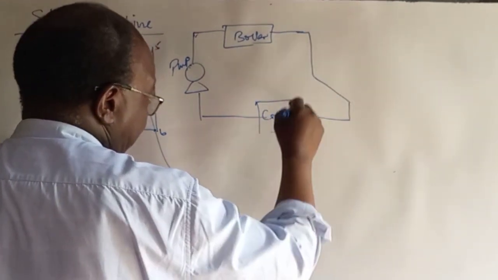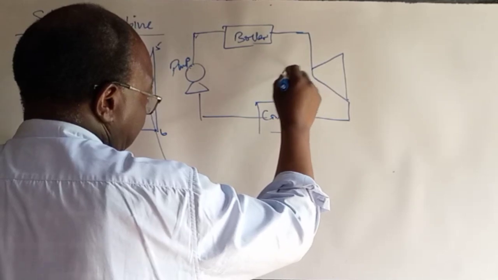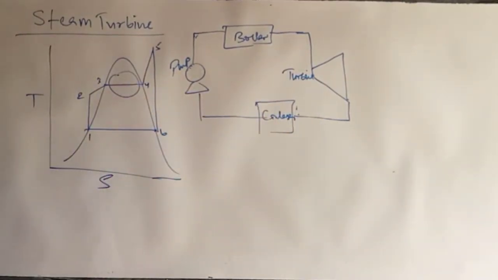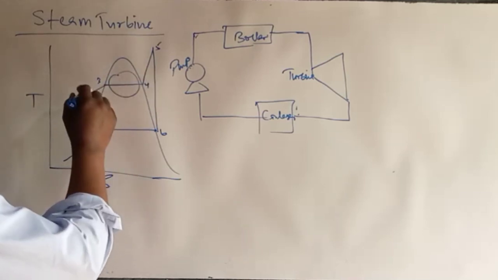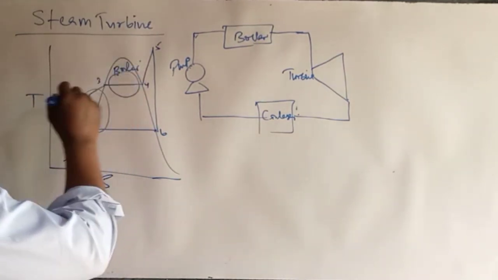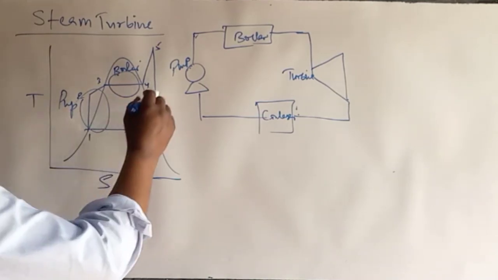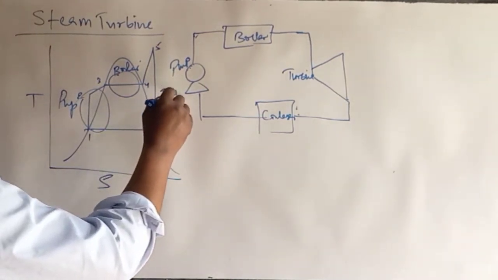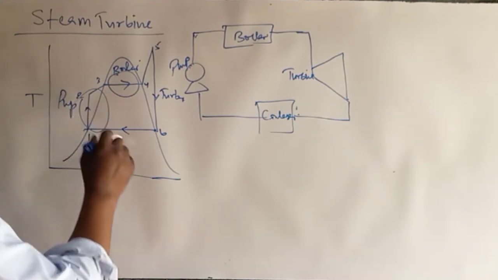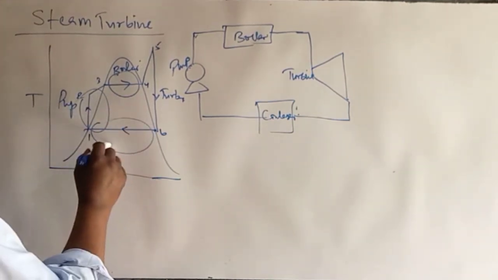And then we have our turbine. So we have the boiler step, the pump step, the turbine step, and the condenser step.